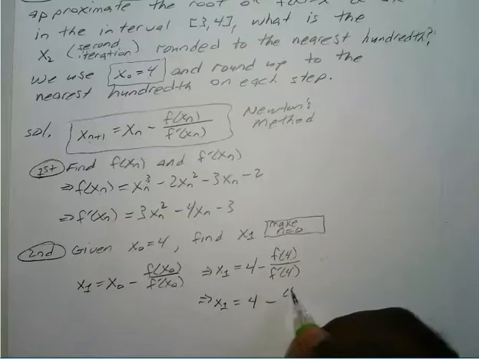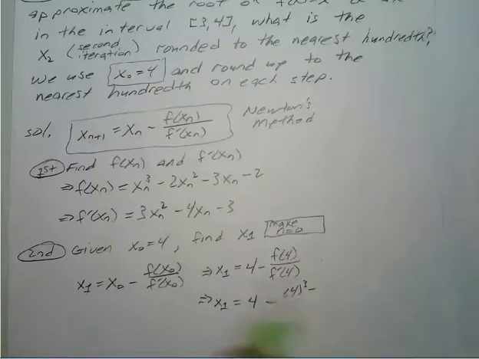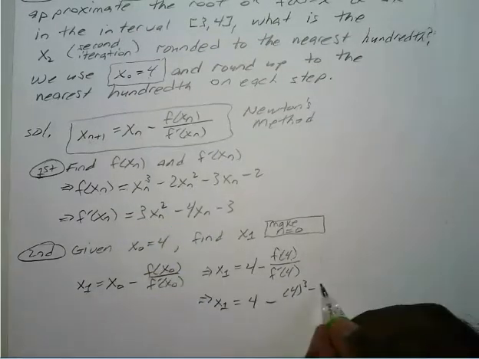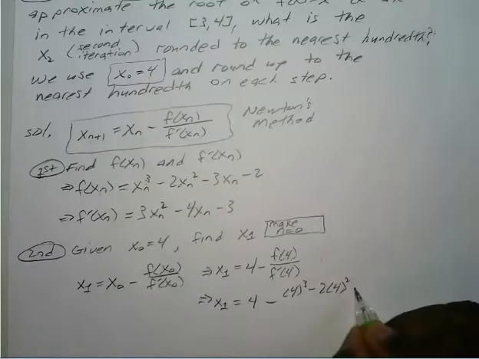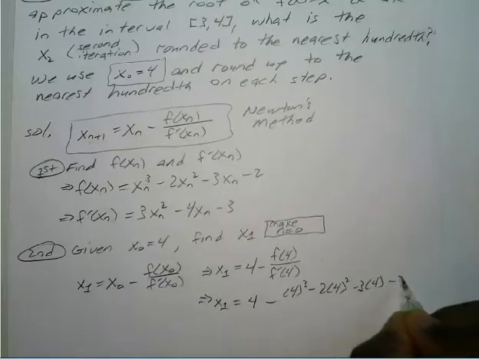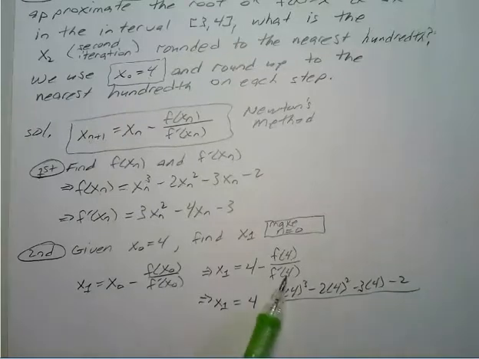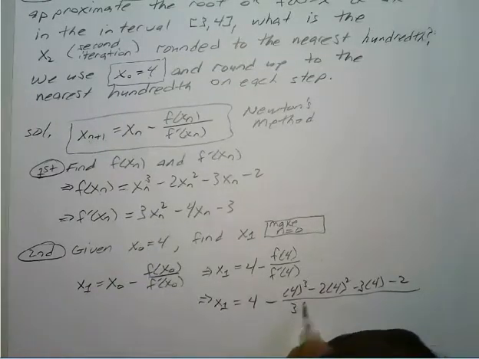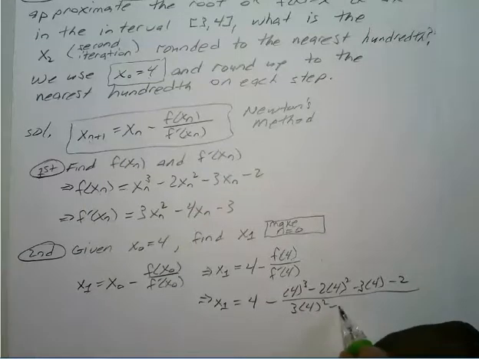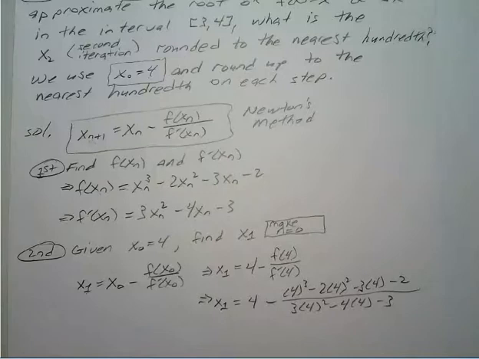Remember that's going to be 4 to the third minus 2 times 4 squared minus 3 times 4 minus 2, all over f prime of 4, which is 3 times 4 squared minus 4 times 4 minus 3. If you calculate all of this, your x sub 1 rounded to the nearest hundredths will be 3.38.